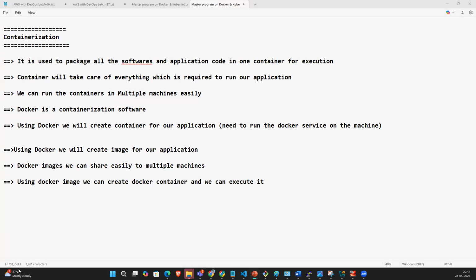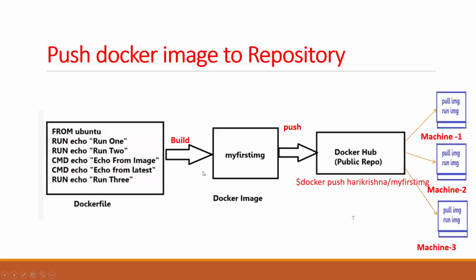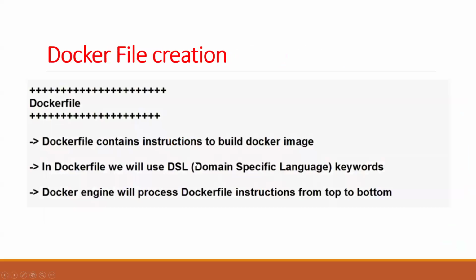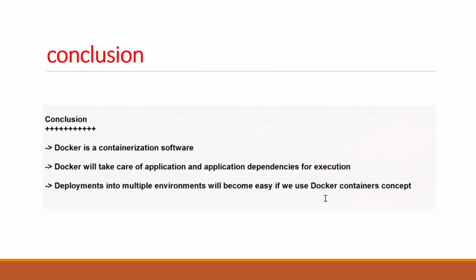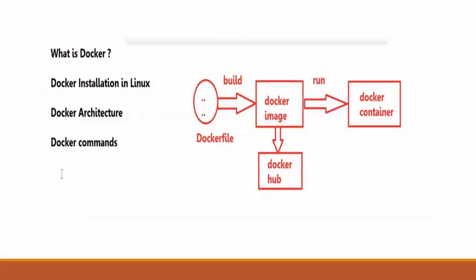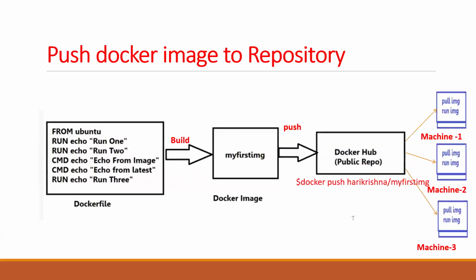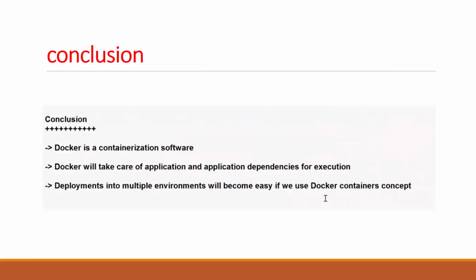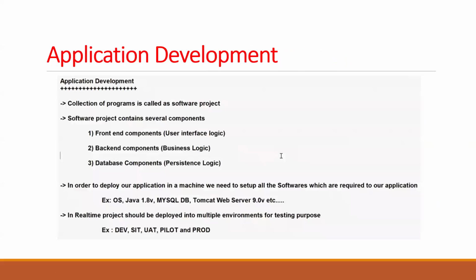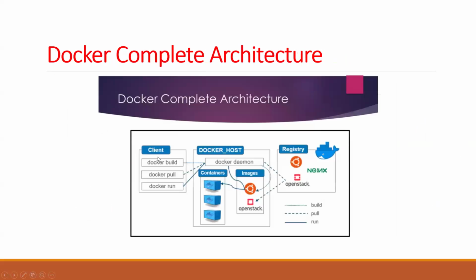I will show you this. So using docker build from the Dockerfile, you can build the Docker images and push them to the Docker registry, then pull them to whatever environment in the servers, and then we can run them as a container.